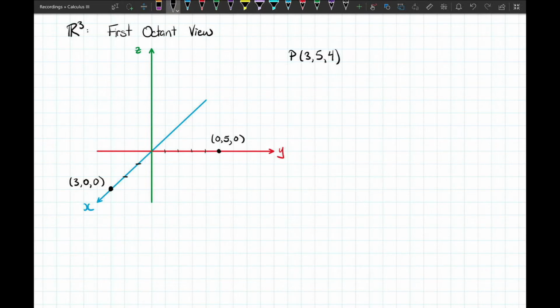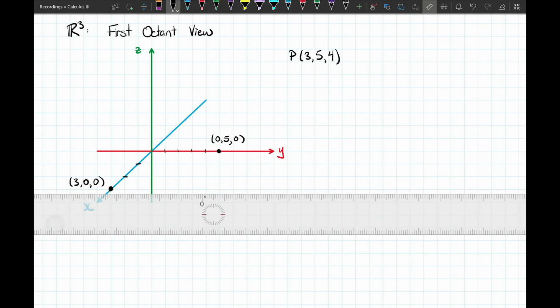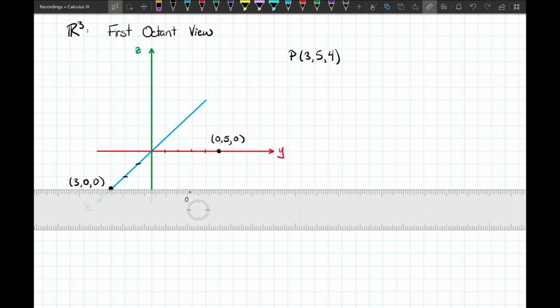Now, we could start off by at least finding a point that has these two different values, x equals 3 and y equals 5, but maybe with just z equals 0 for now. It may help to have a little ruler here and just put this parallel to the y-axis for a moment. We're going to take a look at where x equals 3, and we'll travel from the point 3, 0, 0 in the direction of the positive y-axis.